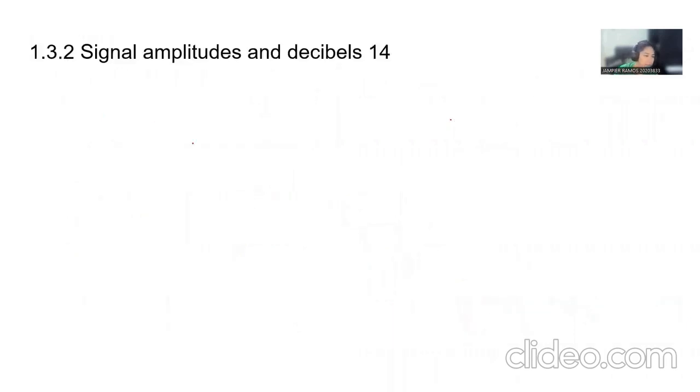Signal amplitudes and decibels. This is very important because first we have to understand that there are many ways to compare signals. Let's remember the average value, for example, of a voltage.